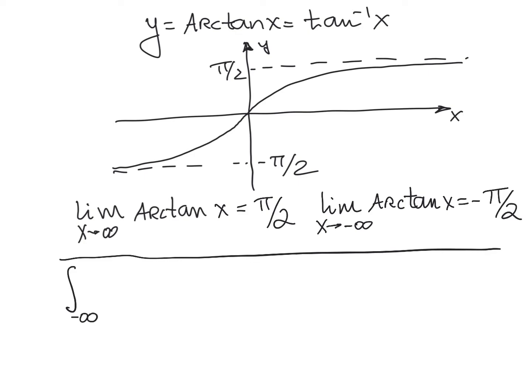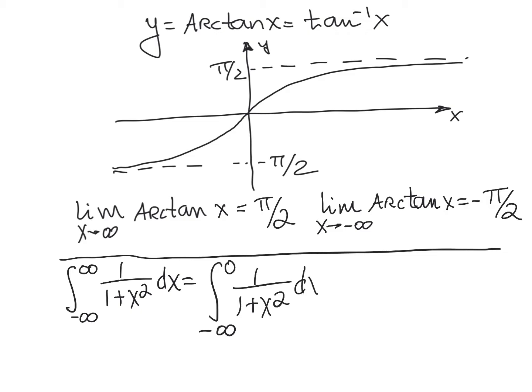So the integral from negative infinity to infinity of 1 over 1 plus x squared dx. First we'll split it up into the integral from negative infinity to 0 of 1 divided by 1 plus x squared dx, plus the integral from 0 to infinity of 1 divided by 1 plus x squared dx. We could have chosen some other number; 0 is not the only number.